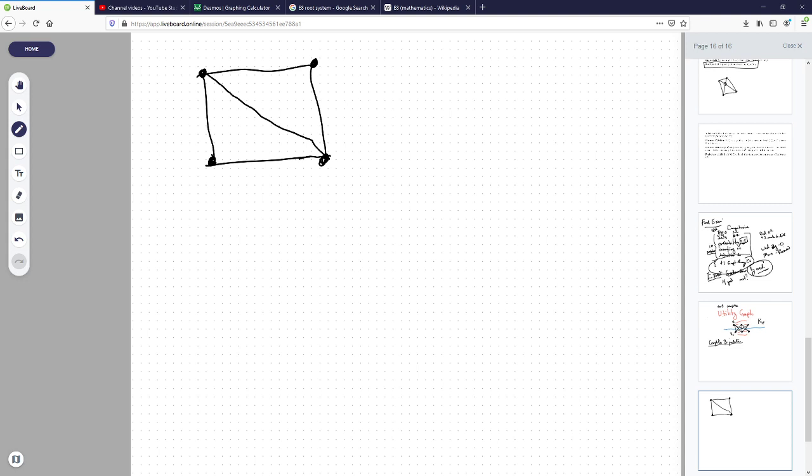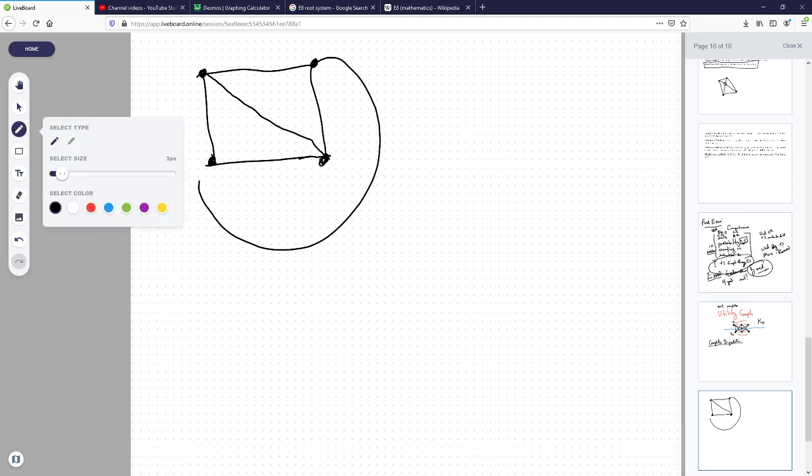Here's the trick to make it planar. And you shouldn't use the arrow, let's get rid of that arrow. It's an undirected graph. So this makes K4 planar. This is a K4 on the plane.